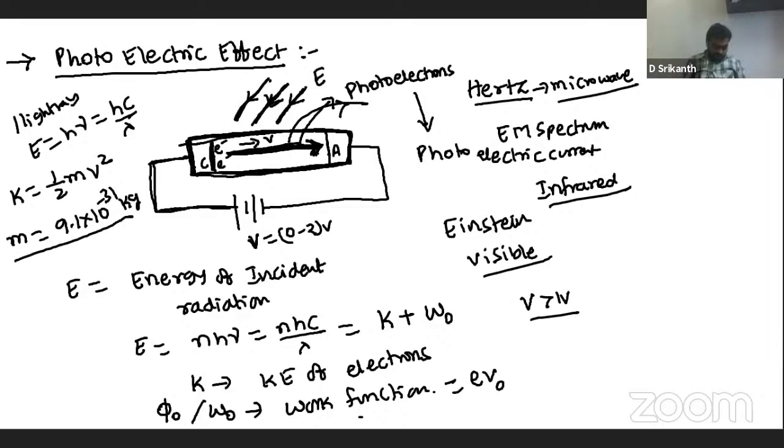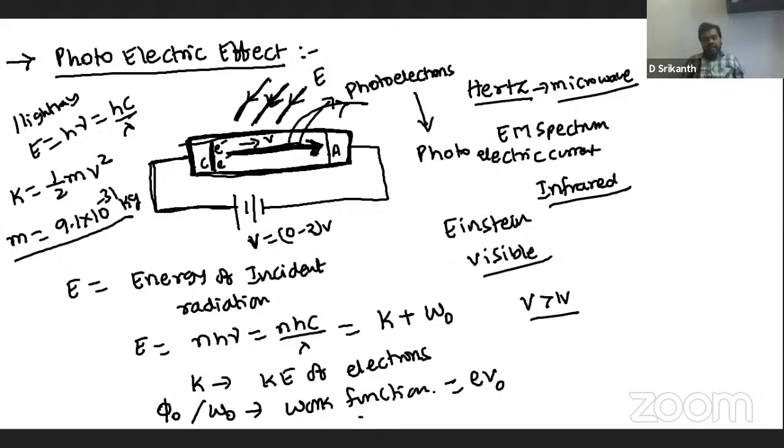The minimum negative potential given to the collector with respect to the emitter, for which photocurrent becomes zero, is called stopping potential. All of you underline it and write it in your notes.